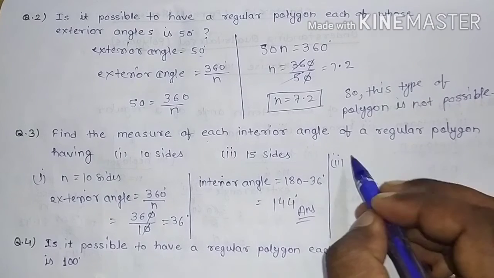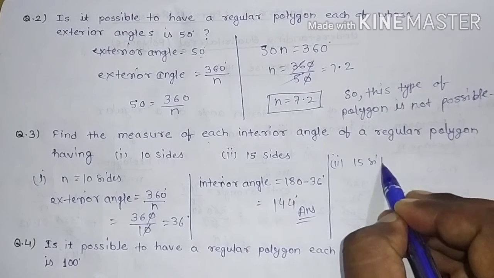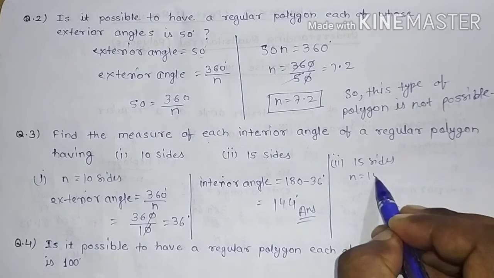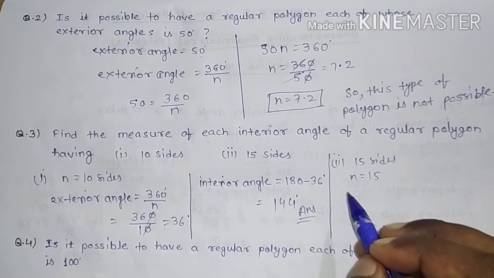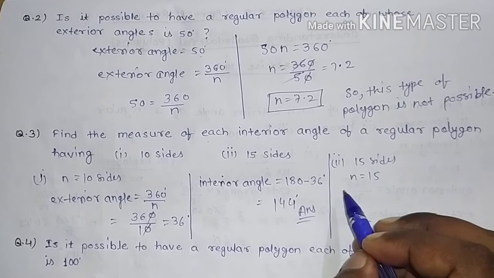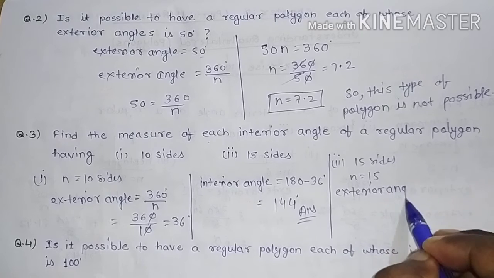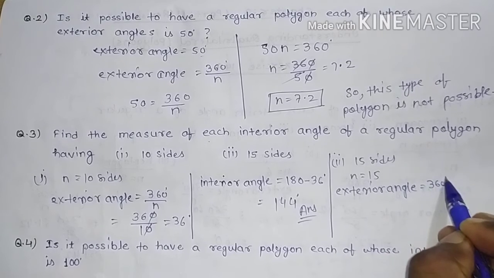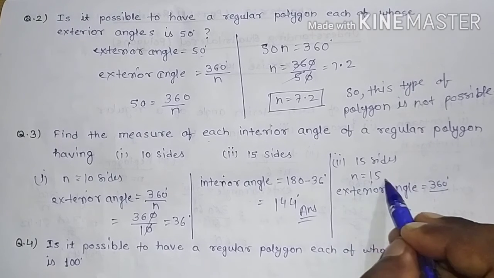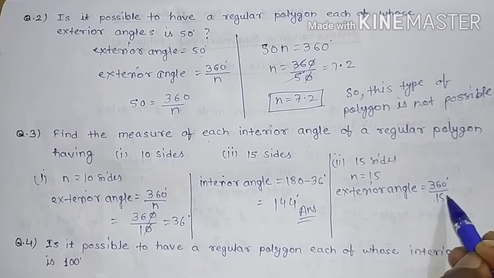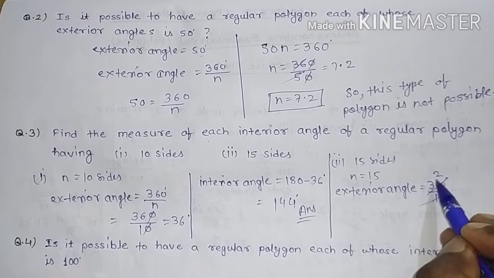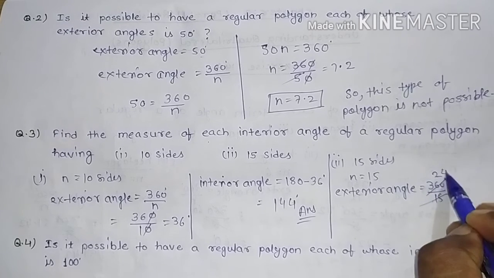Now question number 2: again 15 sides is given here, so n equals 15. First of all we have to find each exterior angle. So exterior angle equals 360 degrees divided by n, and it is given 15. Put the value here, 15. Just cancel out: 15 twos are 30, 60, 15 fours are 60.